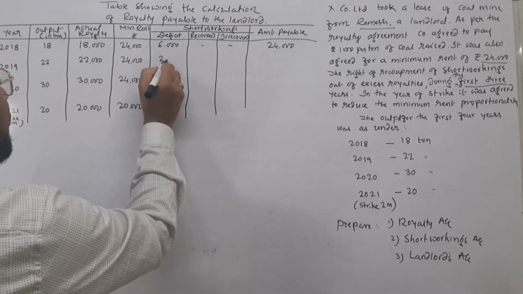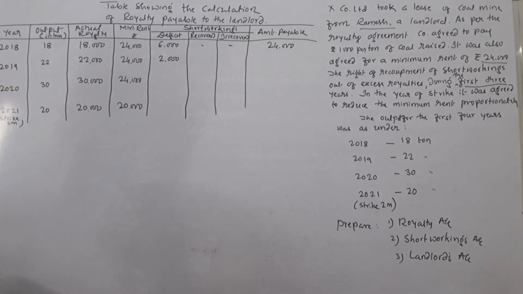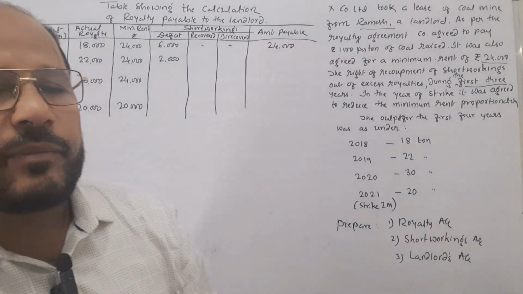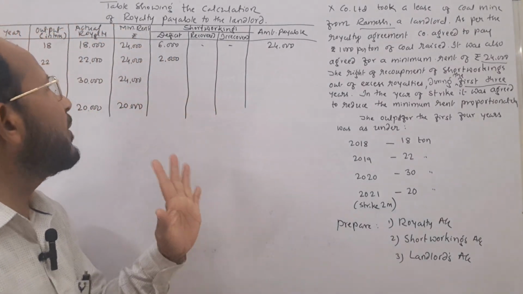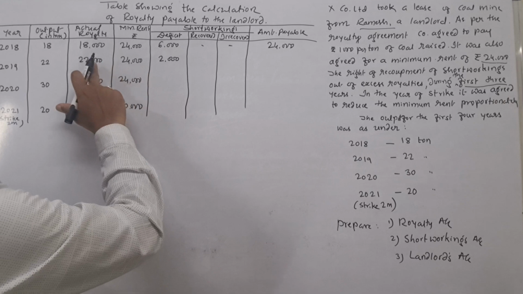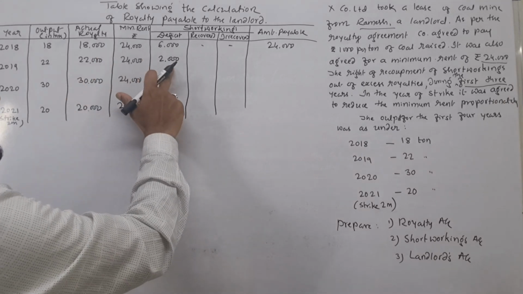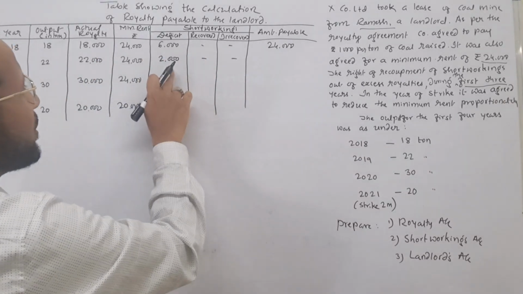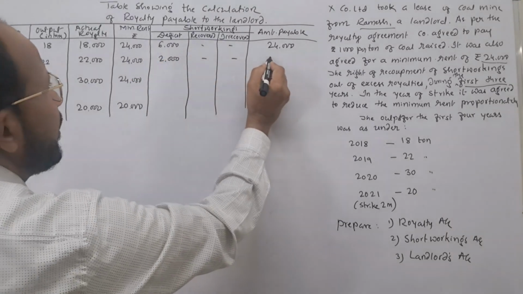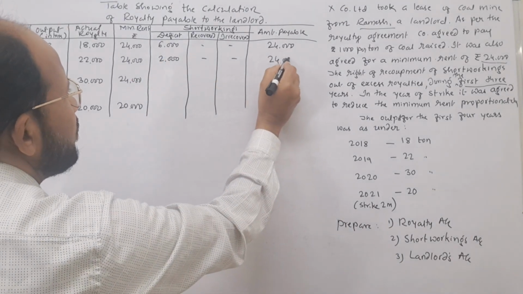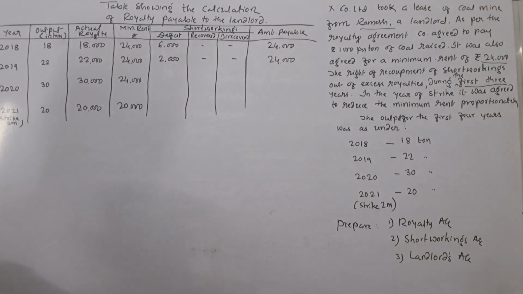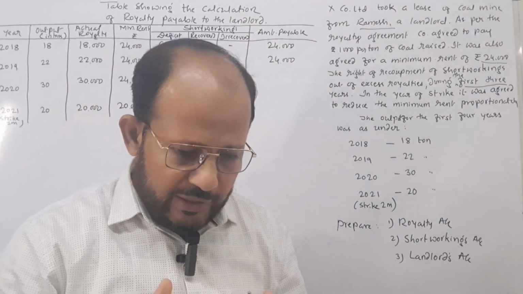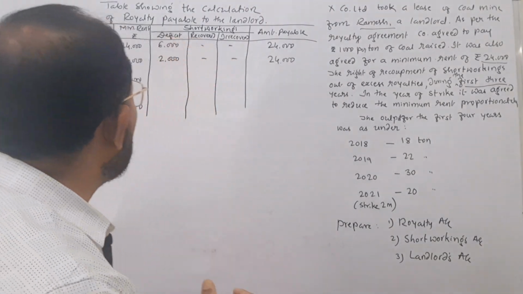Rupees 2,000 is the excess amount paid by the company. This is nothing but the deficit here. 22,000 actual royalty and 2,000 is the amount which the company puts from its side, and again 24,000 is given to whom? To the landlord.